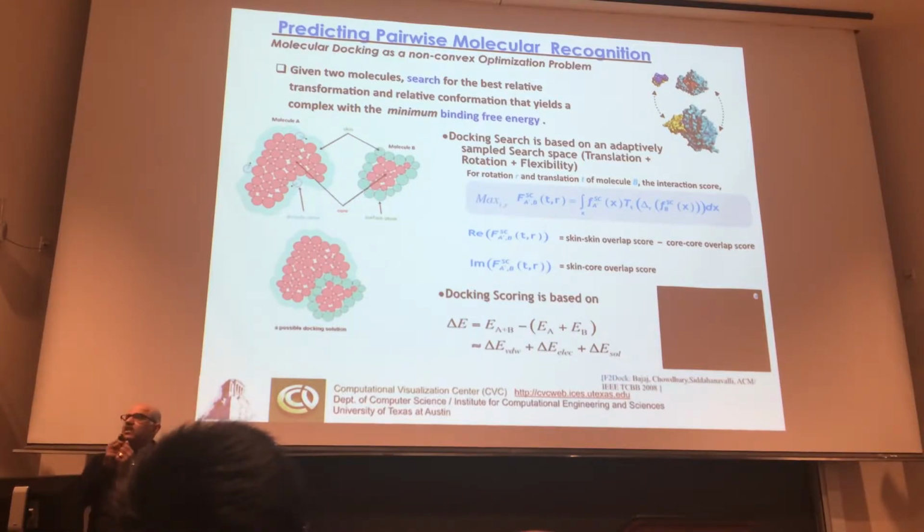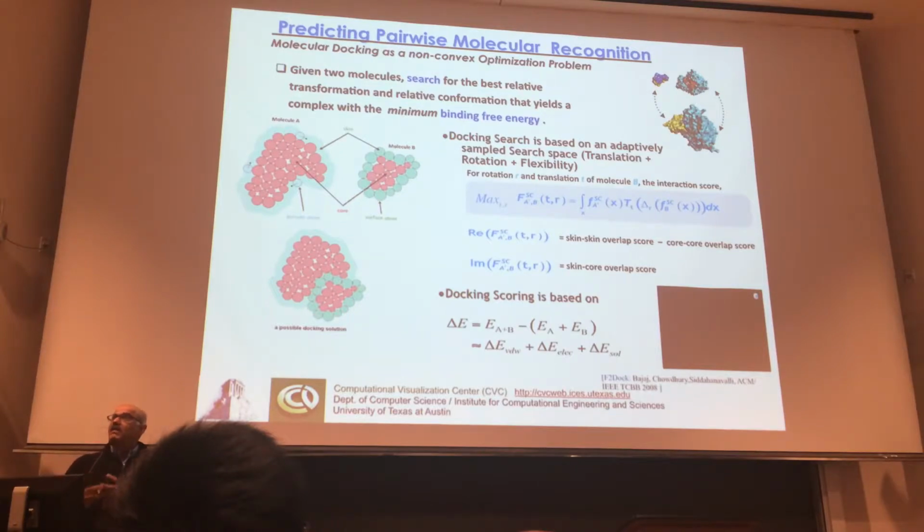And if the difference between the free energy of the complex minus when they are independent is largely negative, then these 2 molecules are better off being together because everyone is trying to minimize their free energy, right? So if this delta E, which is the difference between when they are together and when they are apart, is strongly negative, then clearly these 2 have high affinity to each other. And that's the method that we're going to use.